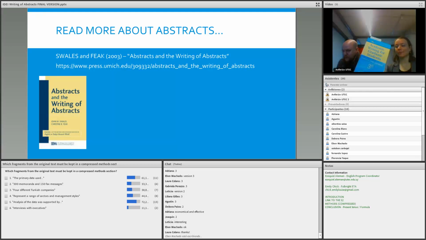Lots of activities to make you reflect on your current writing. If you're writing any kind of research article, or if you're teaching students how to do that, this book is a must-have. We are very generous and we like lending our books as long as you return them.